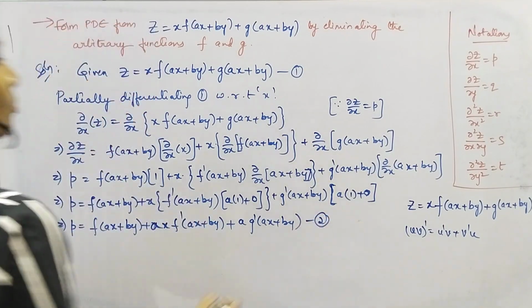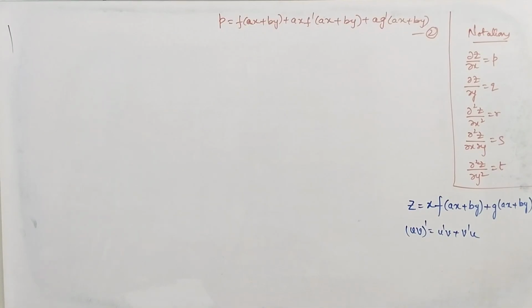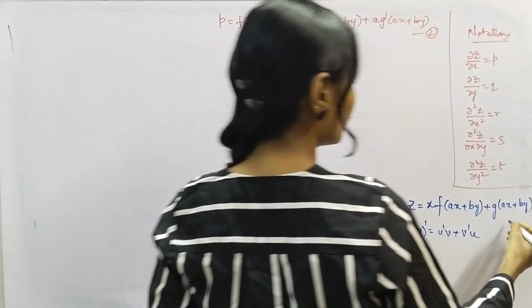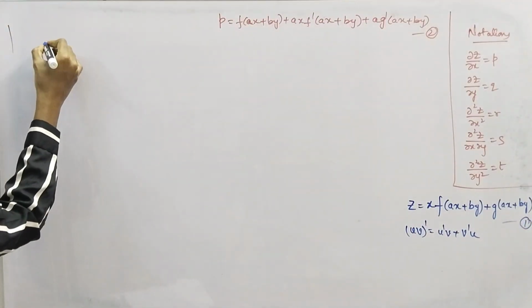Now let's find the equation involving q. So we'll just partially differentiate 1 with respect to y now. Just apply dou by dou y on both sides of 1.